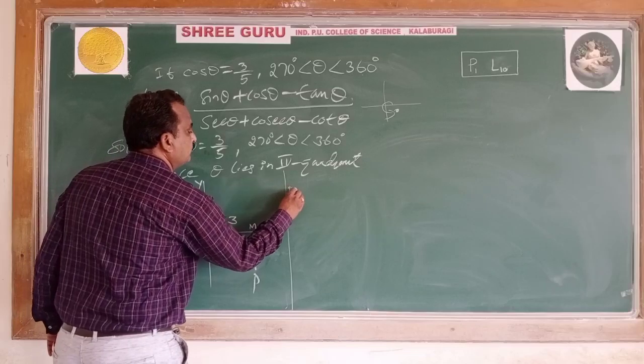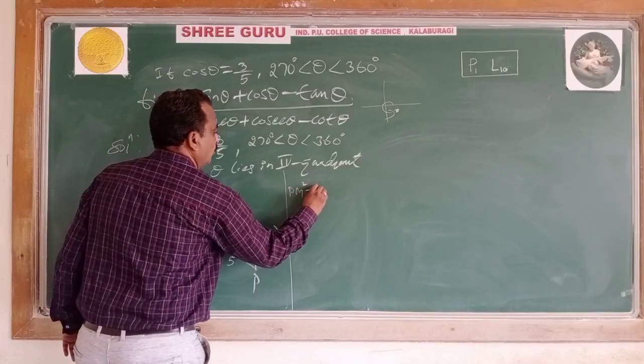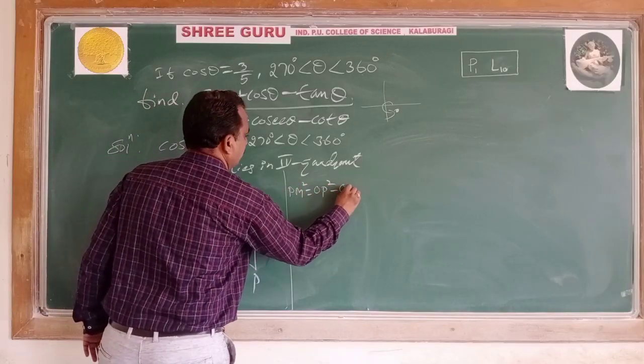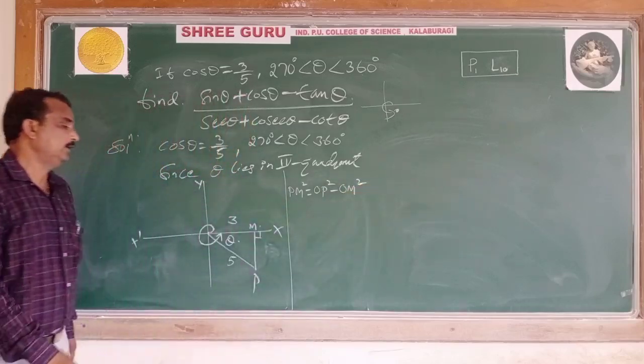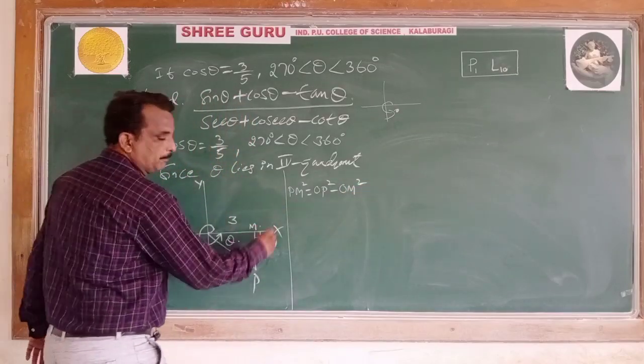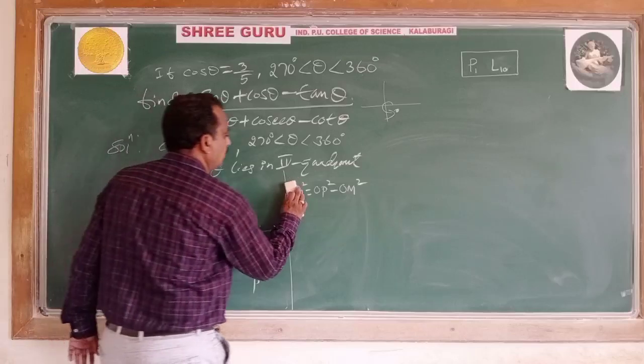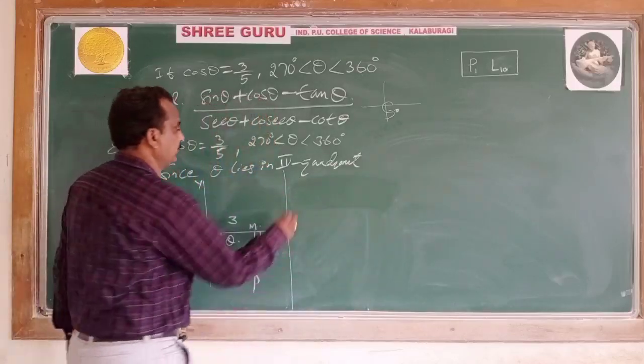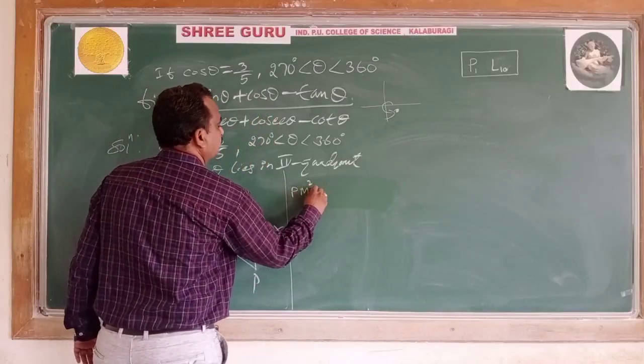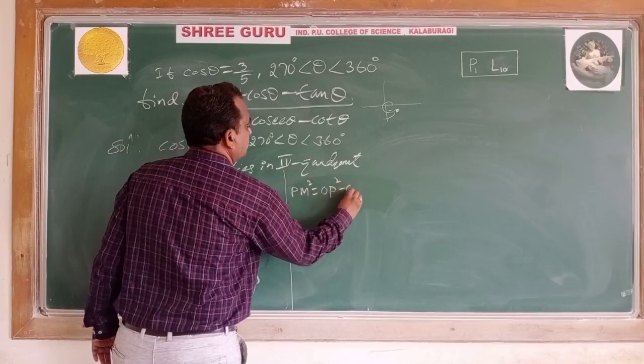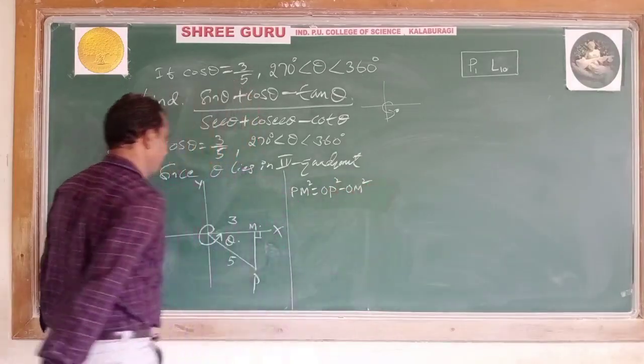PM square is equal to OP square minus OM square.